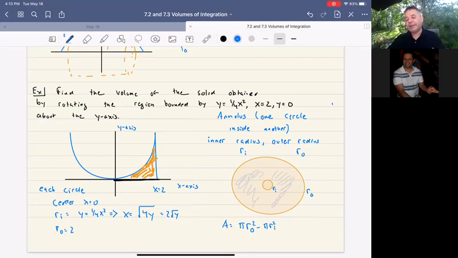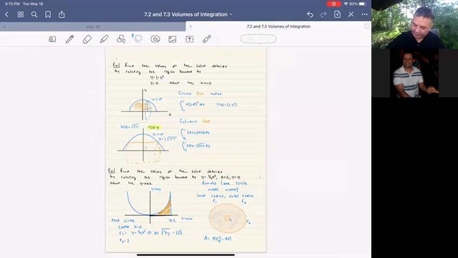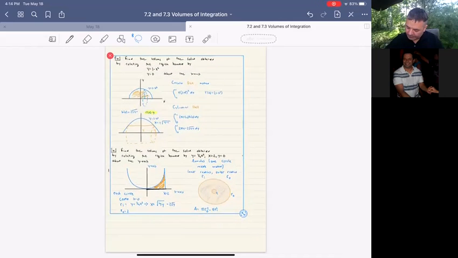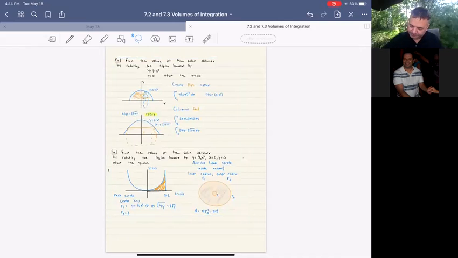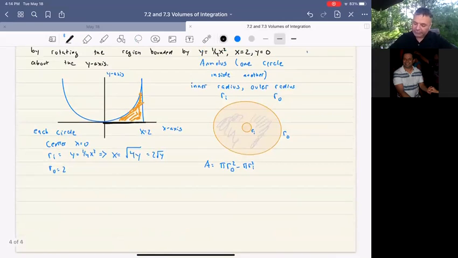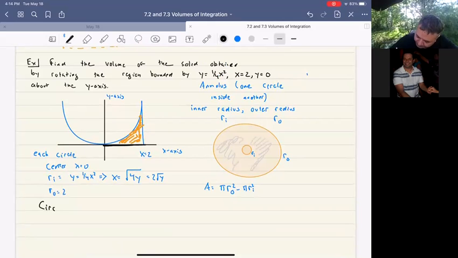Okay, so in order to do this with circular disks, it is going to be the integral from 0 to this point.